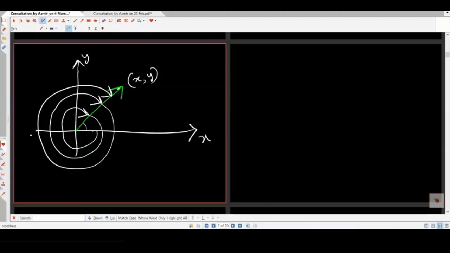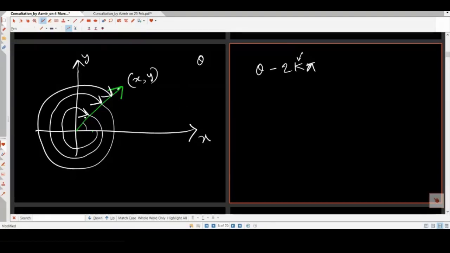We are getting the same line. So that means the angle that you have, with that angle you can add negative 2k pi. So if k equal to 1, that is denoting the first rotation clockwise. If k equal to 2, second rotation clockwise. If k equal to 3, third rotation clockwise.